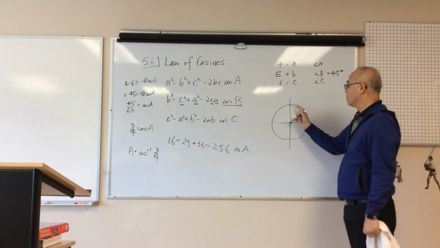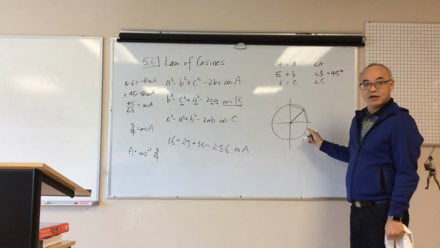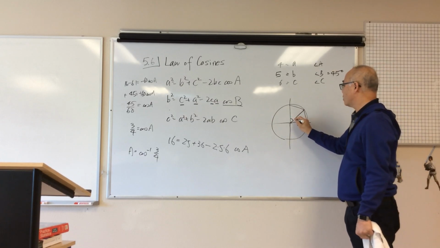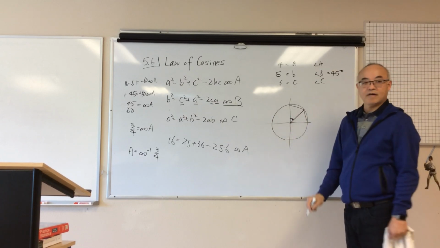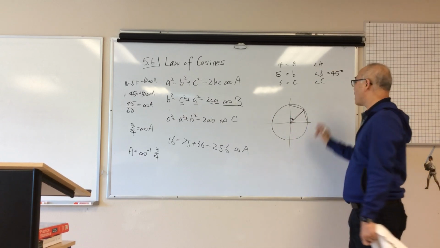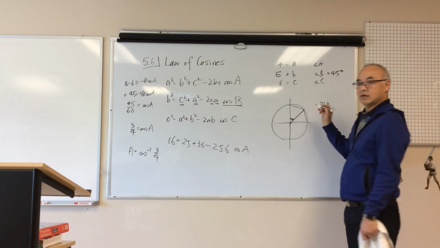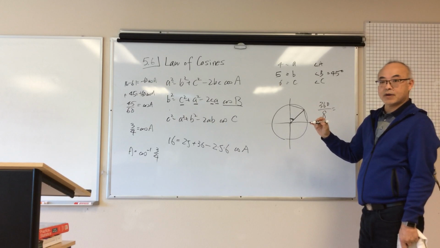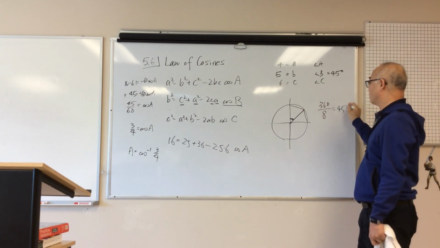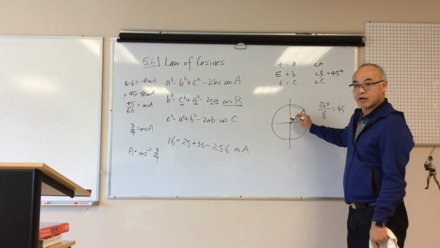So you're going to have more of them over here. So what is this angle over here? 45, because it's an octagon, right? 360 divided by 8 is 45, right? So you get a 45 here.